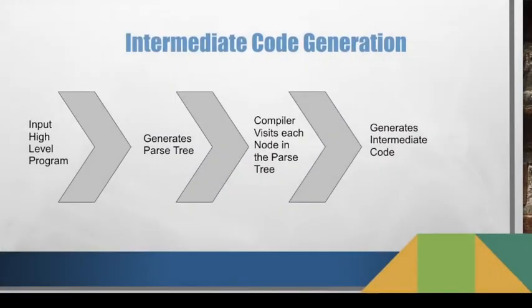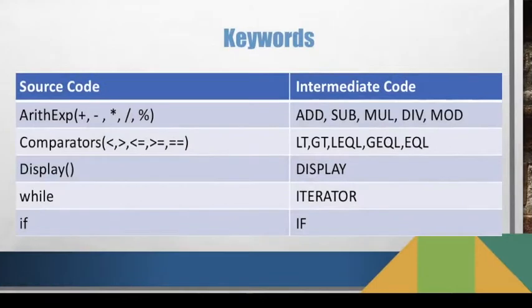In intermediate code generation, we input the high-level program and generate the parse tree. The compiler visits each node in the parse tree and generates intermediate code. The keywords that we have used are add for addition, sub for subtraction, mul for multiplication, div for division, and mod for the modular function.